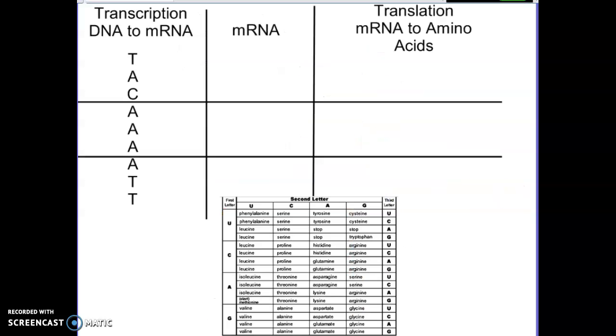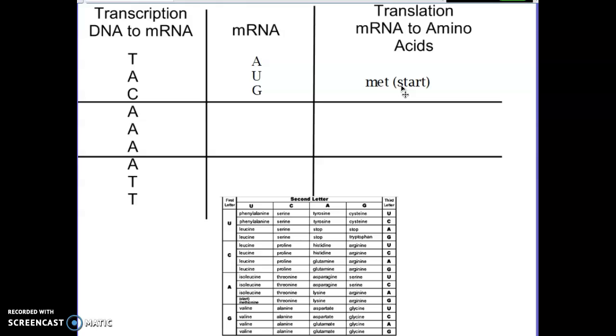Okay, so let's kind of review. Remember, messenger RNA does not have any T's, it has U's. So if I am turning DNA into RNA and I have TAC, my codon is going to be AUG, and then if you remember how to use this particular chart, which of course it would be given to you if you need it on the exam, AUG is actually methionine or start.